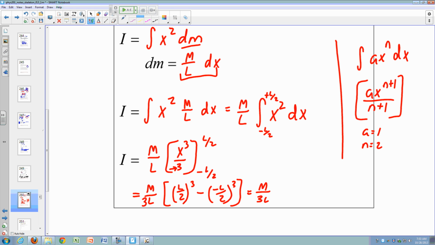What's that? L cubed over 8, plus L cubed over 8. It's minus a negative. When you cube a negative, it comes out negative. So that is L cubed over 4.